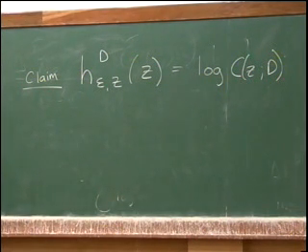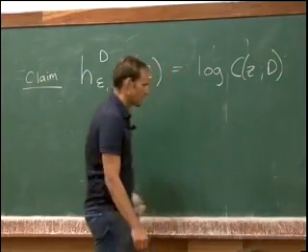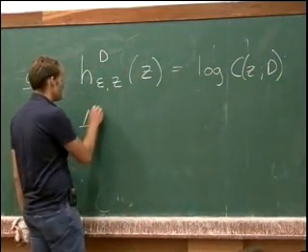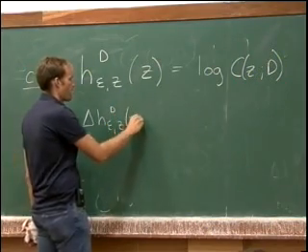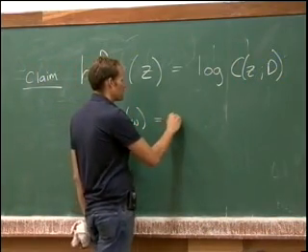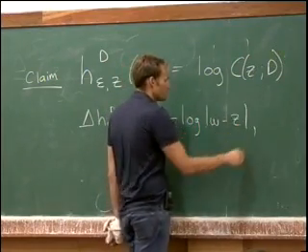Okay. So why do you get that? Well, let's look at what I just erased. Remember what h solves. h solves the Dirichlet problem, where the boundary data is log of distance from the selected point.